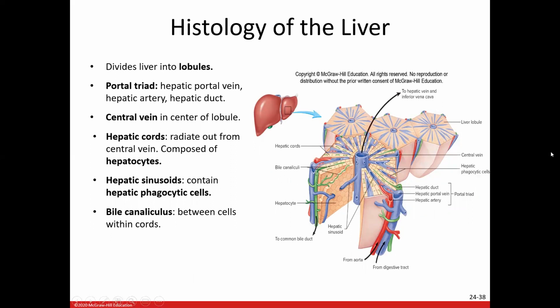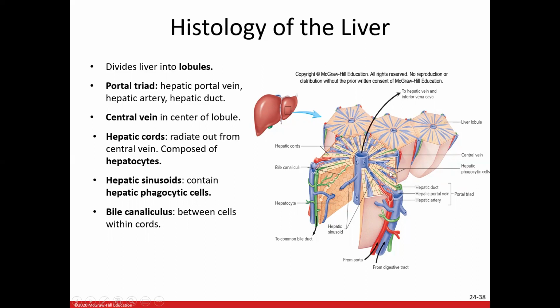So in terms of the actual histology of the liver, we have those lobes, but when we further get into the microscopic level, the liver is made up of these structures called lobules. So the lobules are these hexagonal shapes that I'm drawing my mouse around. Each hexagon is a lobule.